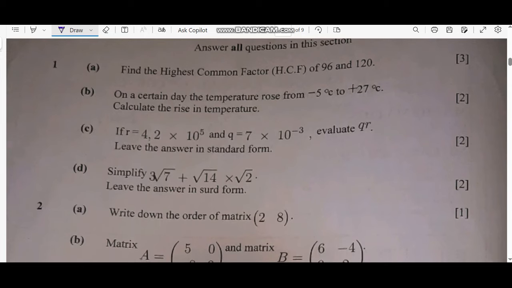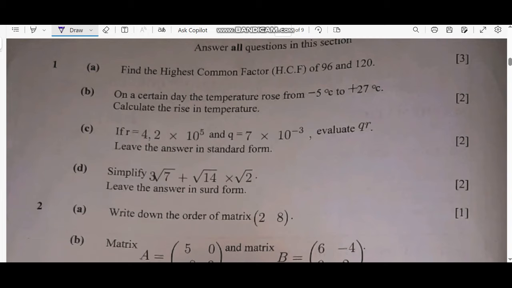So I'll be working here. You can see everything happening here. So the first question says find the highest common factor, the HCF of 96 and 120. We have a method we are used to for getting the HCF, or the highest common factor.